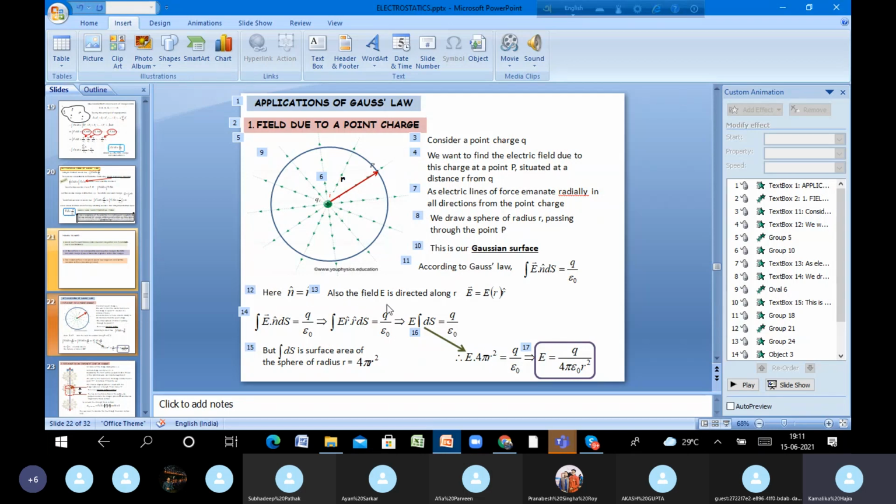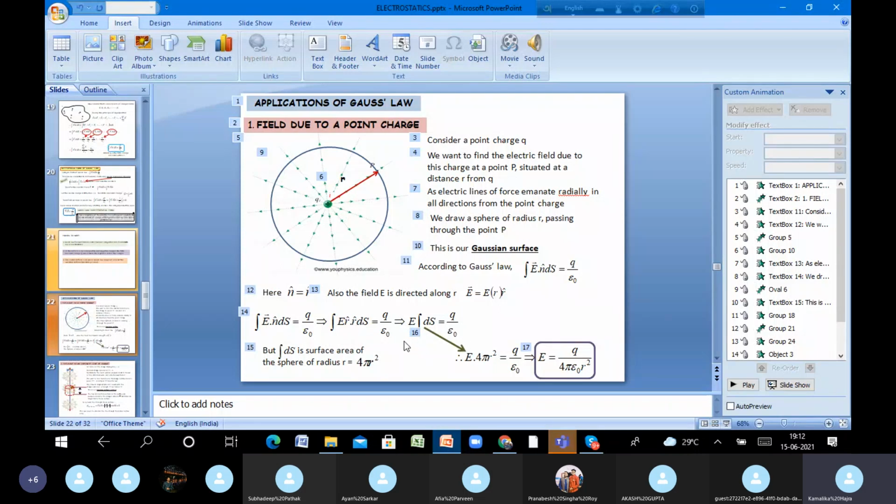Also the electric field at any point is directed radially outwards, because for a point charge all the field lines will be directed radially outwards. So we can write E as a function of r into r cap. So E is also along r cap. In the equation E dot n cap ds, we can write inside the integration E r cap dot r cap ds. So r cap dot r cap is 1, and we are left with E integration ds equal to q by epsilon naught.